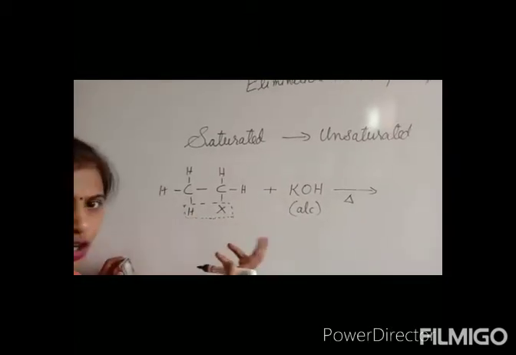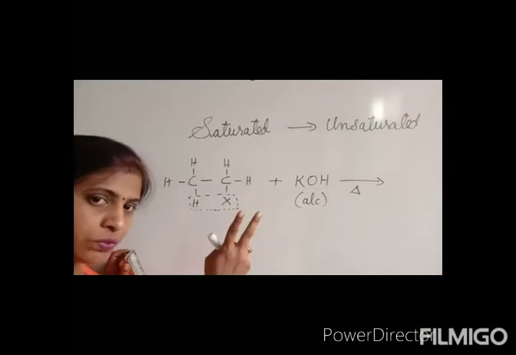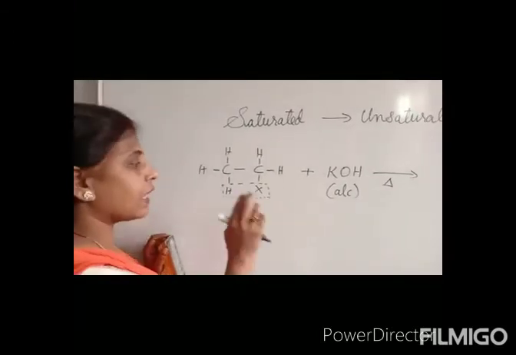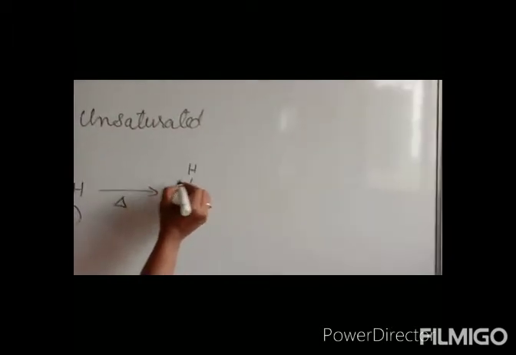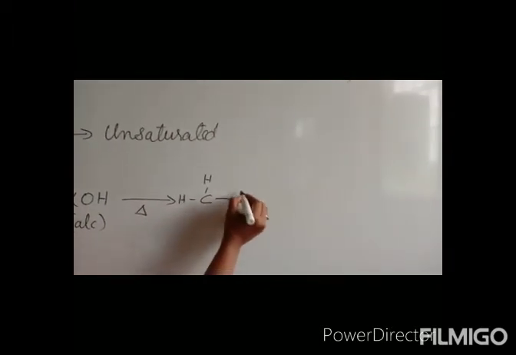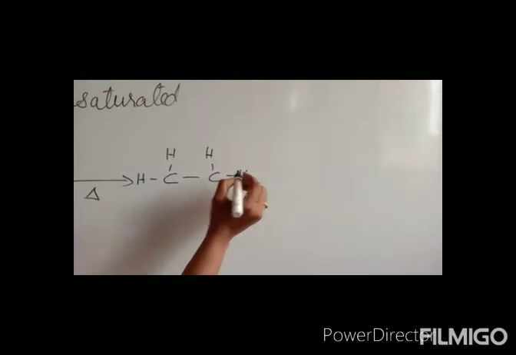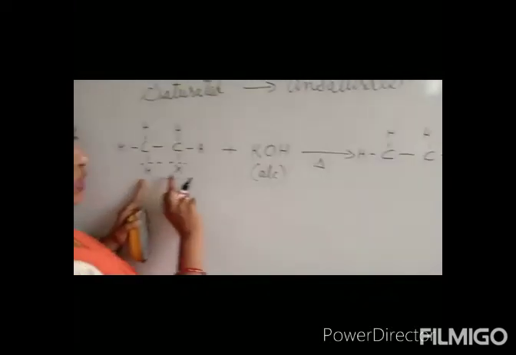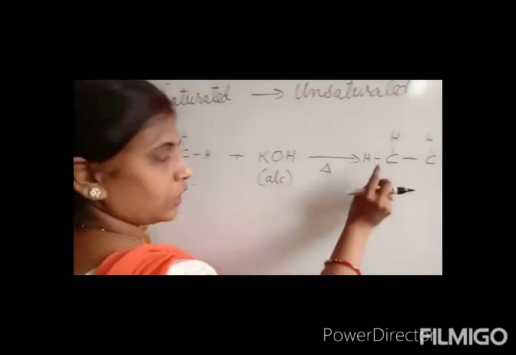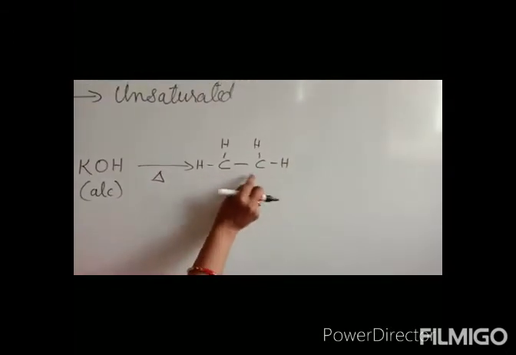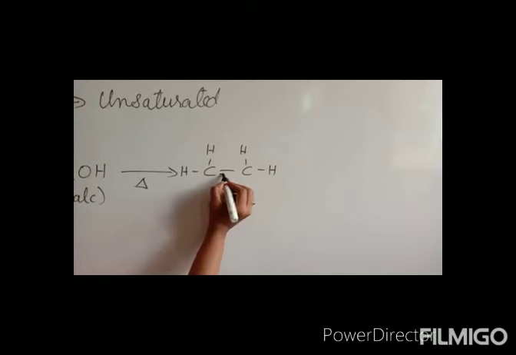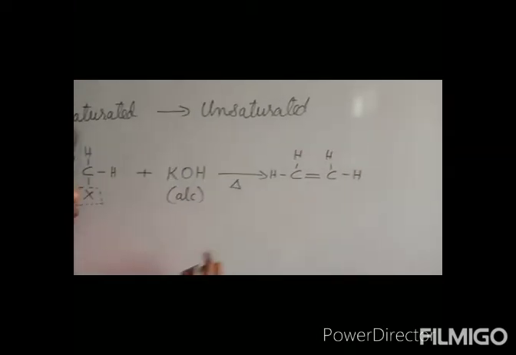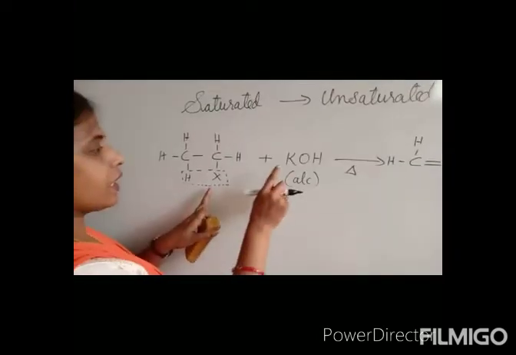Here I don't have any option. I have only two carbon atoms over here, the simple alkyl halide. So I get my product as CH2. I have already eliminated the hydrogen and the halogen. You can see over here this carbon valency is not completed, so obviously I have to complete it by putting the double bond. What about the other product?